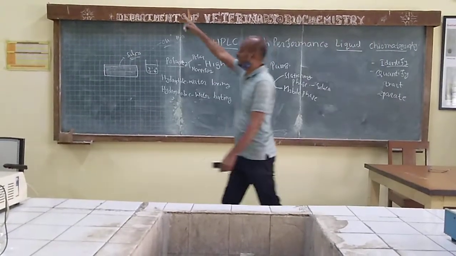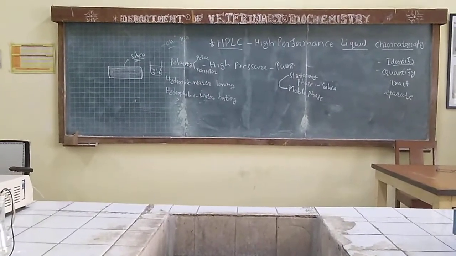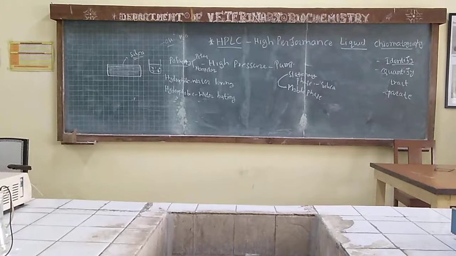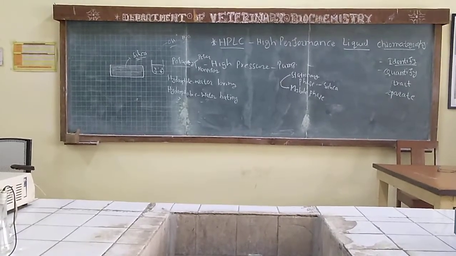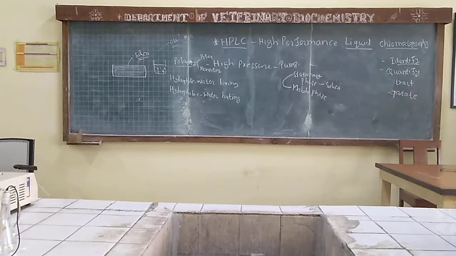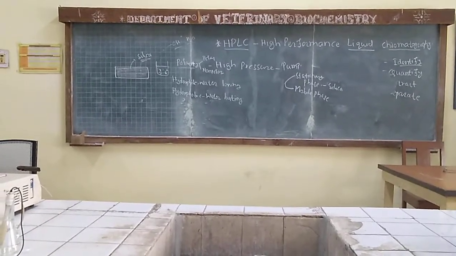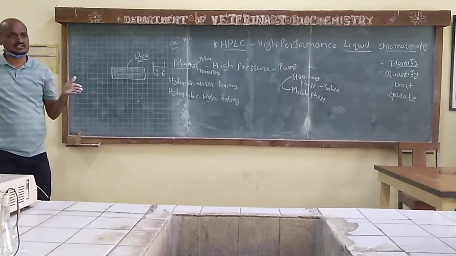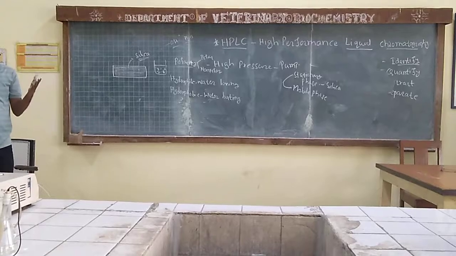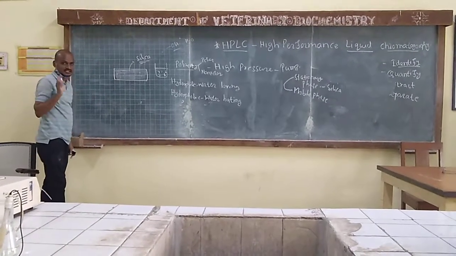This is our basic organic chemistry. If you have an OH group, it will be water loving, because it forms hydrogen bonds. And if there is an alkane chain, like a fatty acid, which is a long chain, we studied this in first year, right?